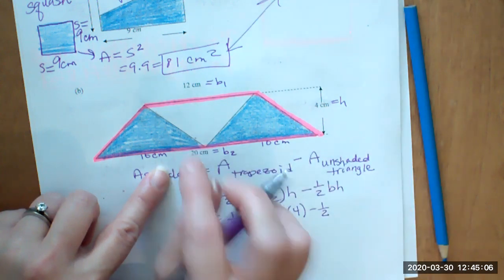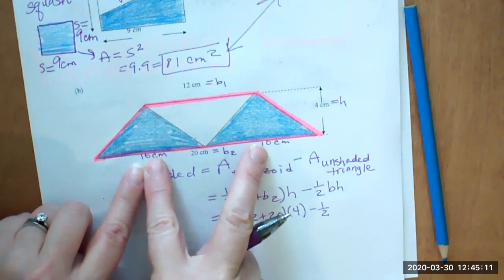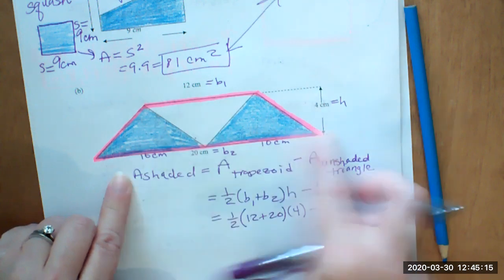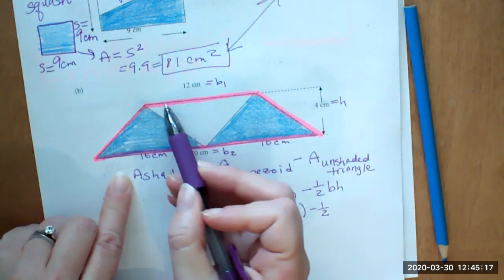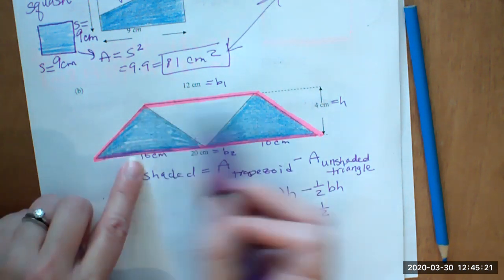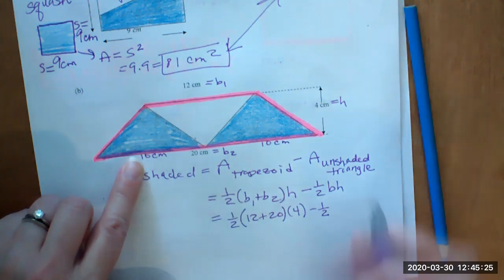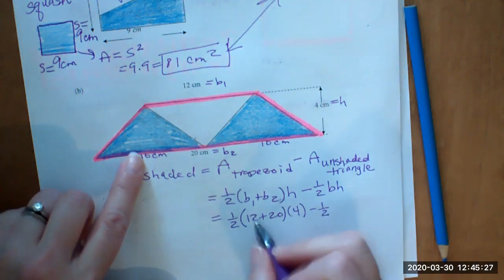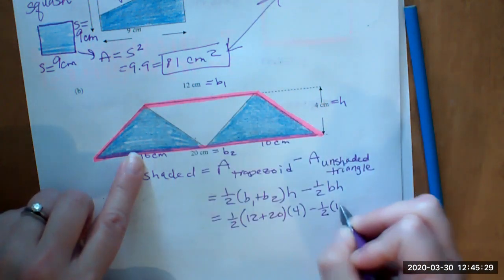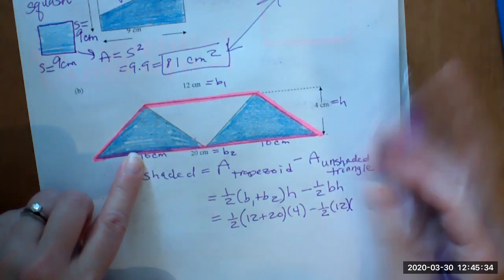Basically these two triangles are going to have bases that are half the length of this entire base, but be very clear that this triangle is not congruent to these two, so this triangle has a base of 12. So I'm going to use that 12 here, and of course the height of that triangle is the same as the height of the trapezoid, which is 4.